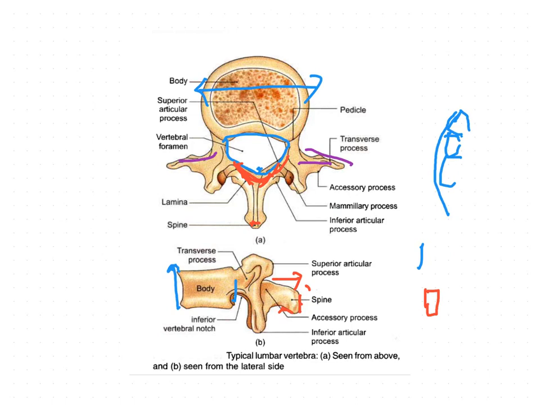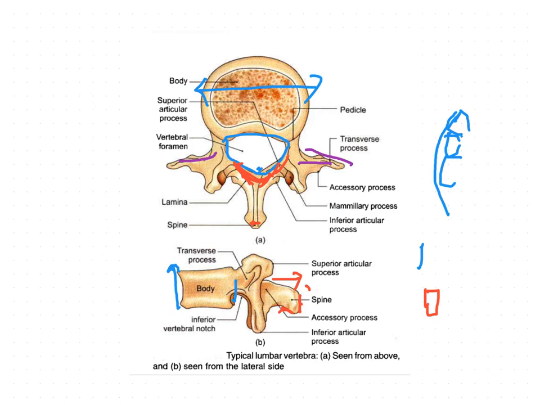Now coming to the posterior inferior aspect of the root of each transverse process. What is the area? The posterior inferior aspect of the root of each transverse process of the vertebra has a small rough elevation called the accessory process, which represents the true transverse process of the vertebra, as these develop from the transverse element of the vertebra.